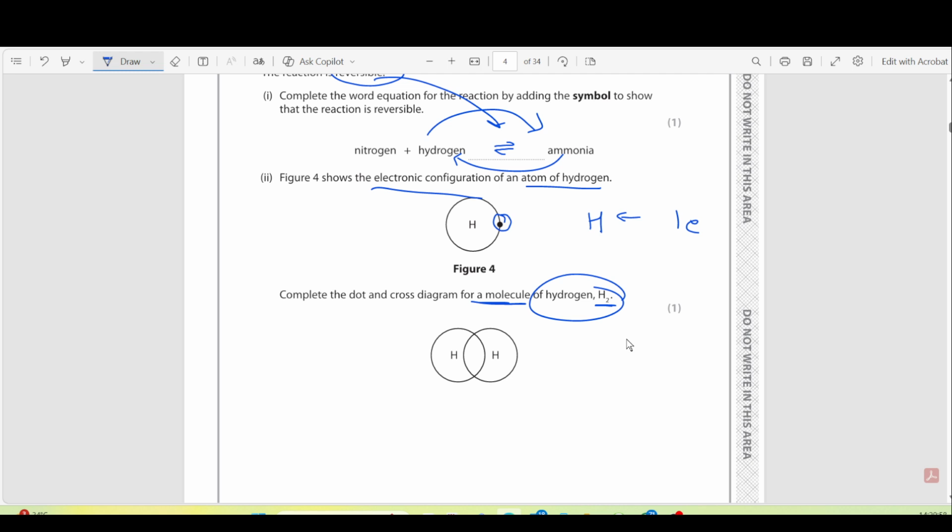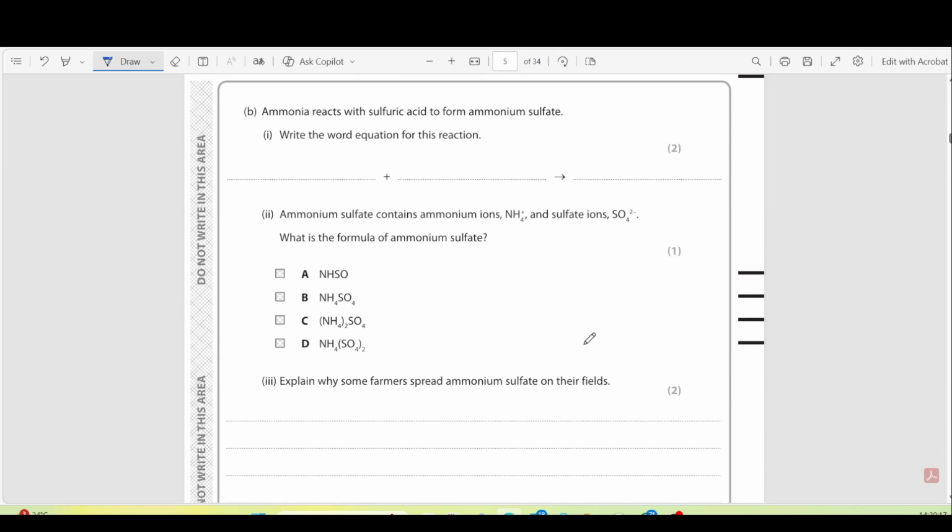Suppose we represent an electron as a dot, and this we can represent as a cross. When the two electrons are combined, they make one single bond. One electron is from this hydrogen and one is from this, because there are two hydrogen atoms making hydrogen gas. Okay, next question.